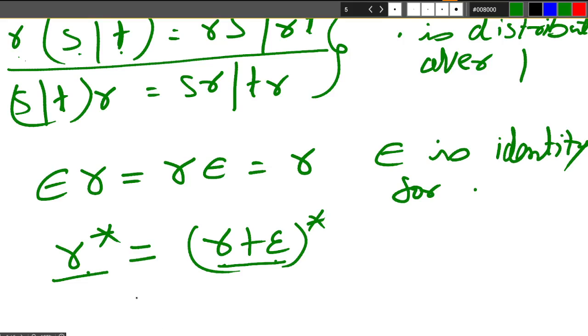Yes, it is possible. Whenever we have a Kleene closure, it means that we have a lambda, an epsilon, a null string also. So we need not mention a null string. However, if we are mentioning it, it is not making any difference. It is the same. So whenever you have a Kleene closure, epsilon is guaranteed in the closure.